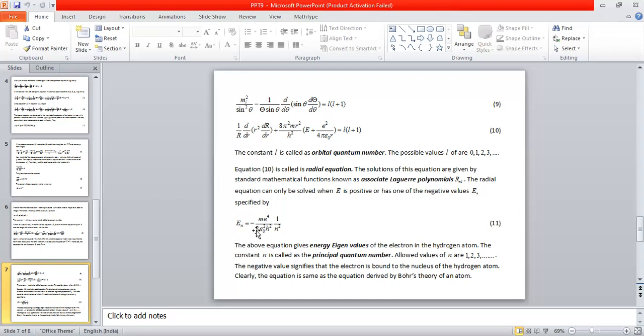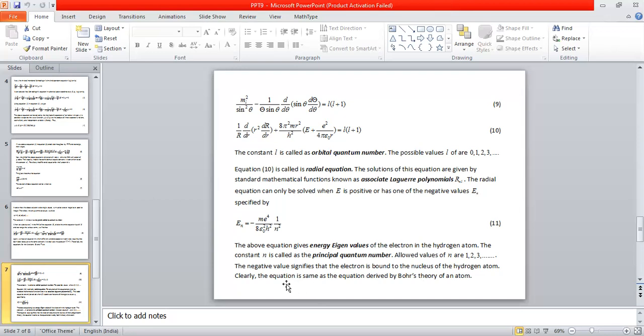Equation 11 represents the energy eigenvalues of the hydrogen atom, and this expression resembles the equation derived on the basis of Bohr's theory. The negative value signifies that the electron is bound to the nucleus of the hydrogen atom.